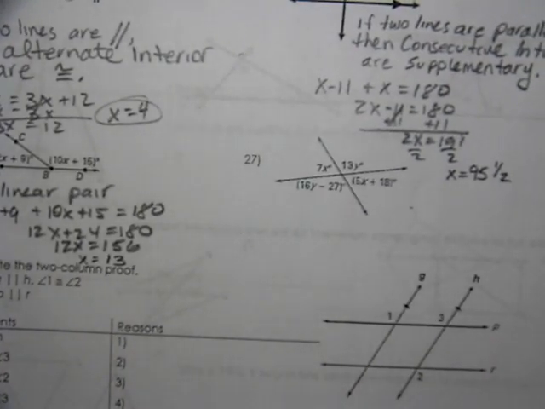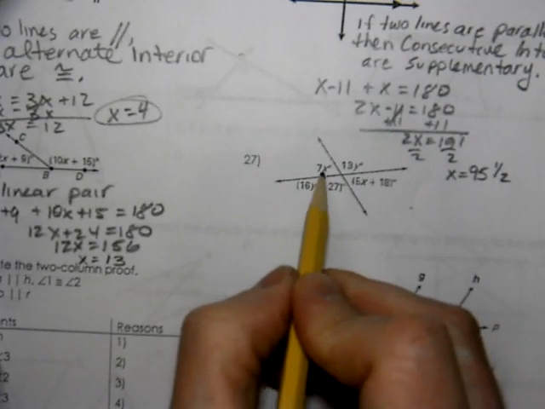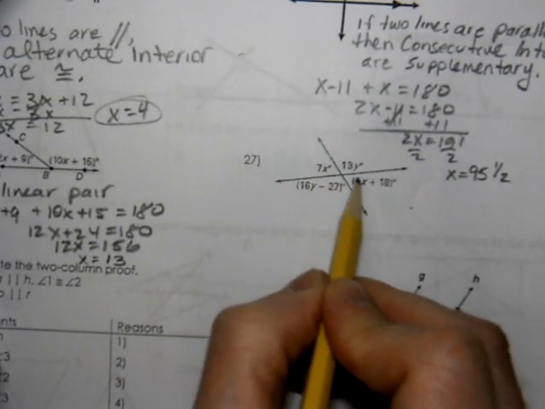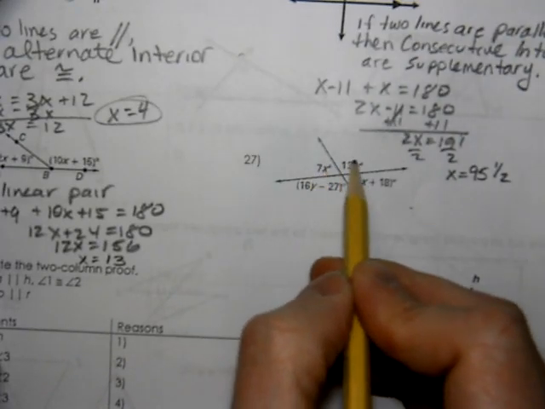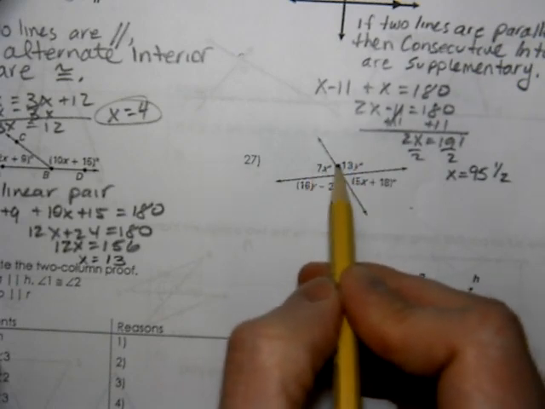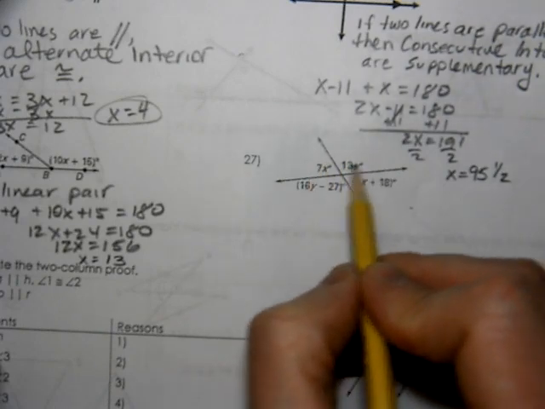Number 27. What's tricky about this one is you need to really look at the picture and figure out where the variables are that you're working with. The x's on opposite sides are not next to each other. Maybe you'd call it a cross.